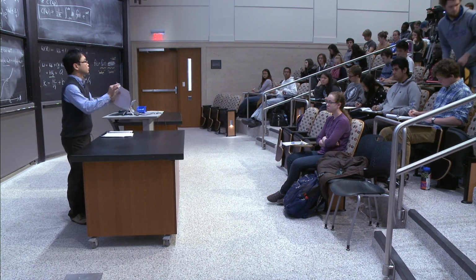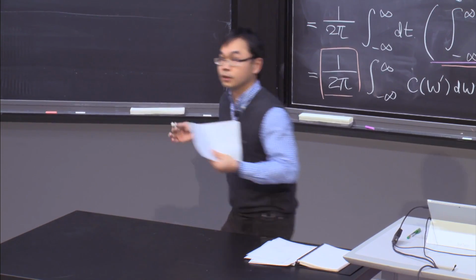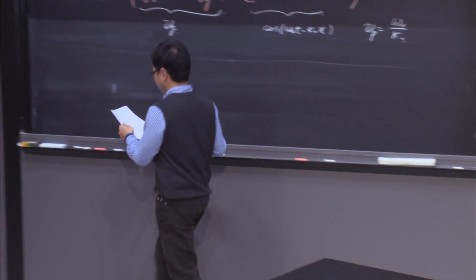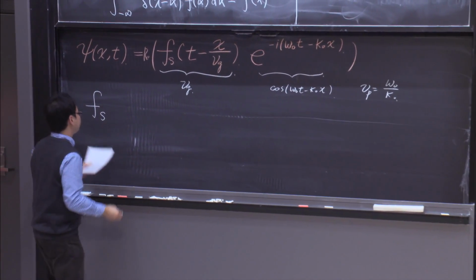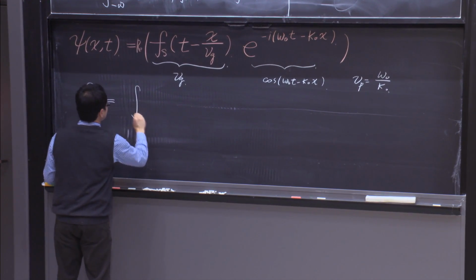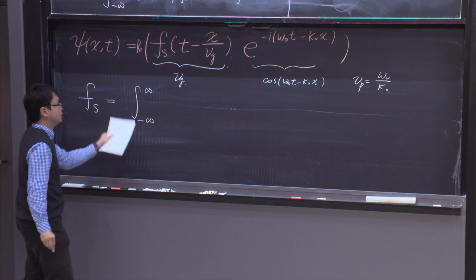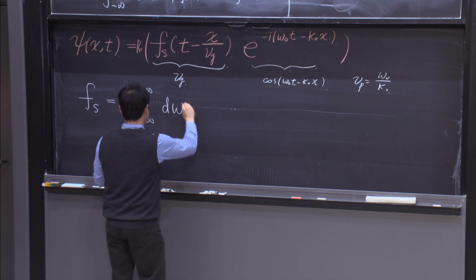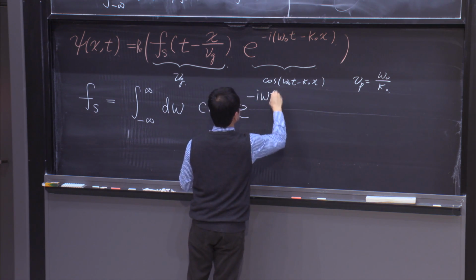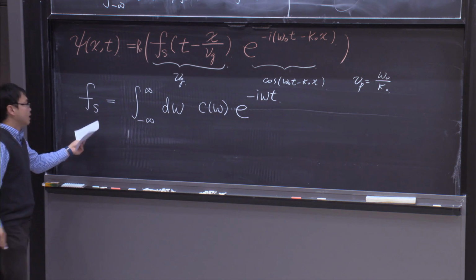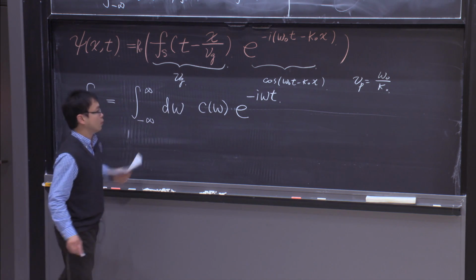Then you have to hold tight and follow me 100% focused, because this is a complicated calculation. Now I need to express my fs in terms of c. So I do an integration from minus infinity to infinity, d omega, c(omega), exponential of minus i omega t. So basically I can write my fs in a functional form, which we introduced before.